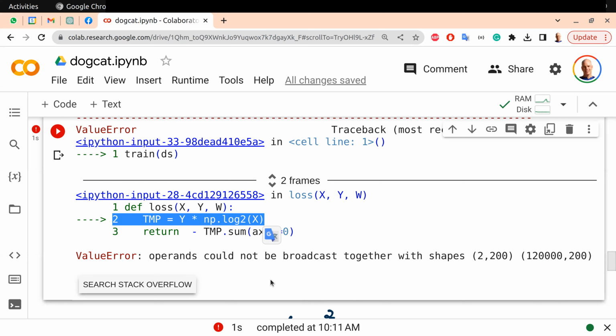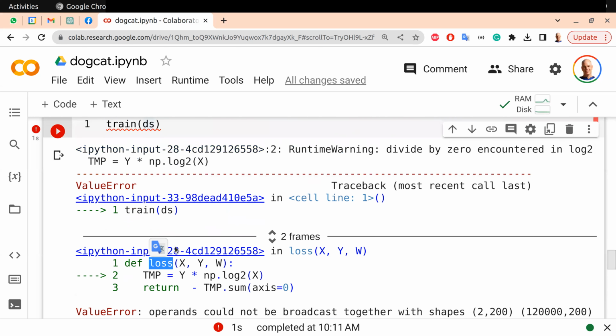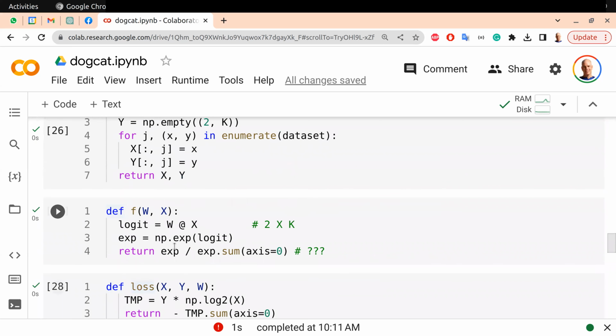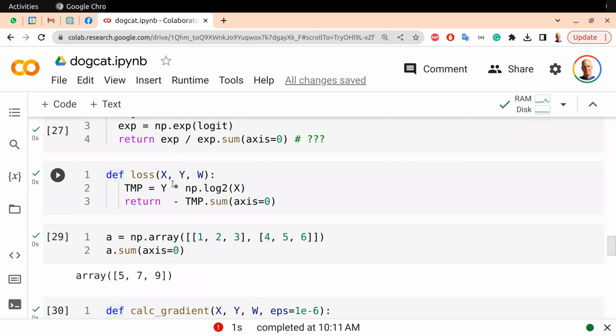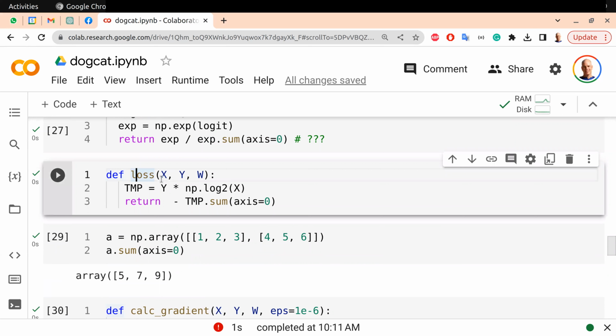Okay, so what it actually tells me is that I multiplied matrices with mismatched dimensions. And what function are we dealing with? The loss function. So let's go to the loss function and try to figure out what mistake we made there. Here is the loss function. You remember what x and y represent? X is the picture, 120,000 long.